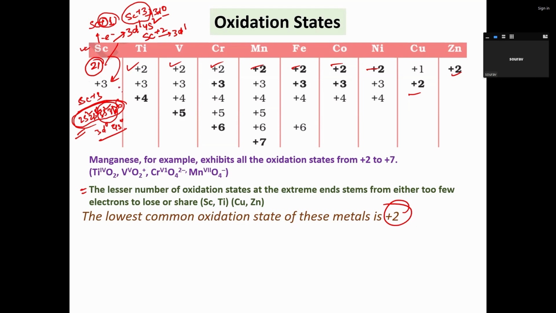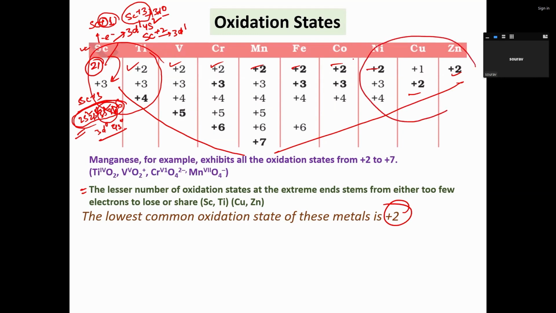Here you can see the oxidation state diagram. The left side elements will have a lower number of oxidation states, and the right side elements also will have a lower number of oxidation states.